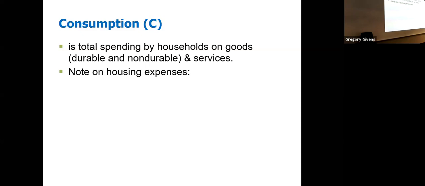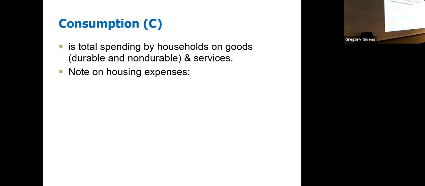Those people who rent their dwelling, or those people who live in owner-occupied housing. For most college students, you live in a dorm or an apartment that you are renting. How do we compute the value of your housing services if you are a renter? Well, it's pretty straightforward. It's basically just your rent payments.